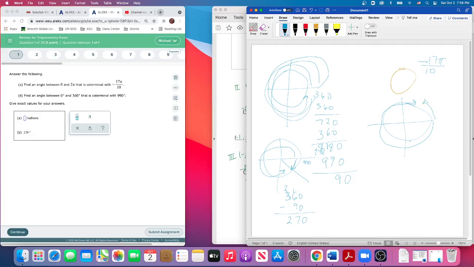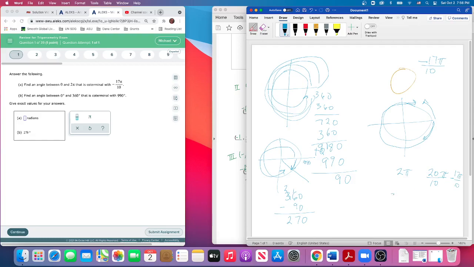So if we went all the way around the circle in the negative direction, we would end up at 2 pi. Another way to write 2 pi would be 20 pi over 10, but we didn't get that far, so let's subtract off the 17 pi over 10. What's left?